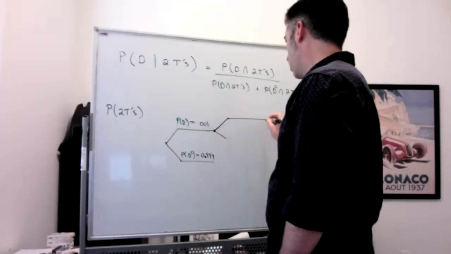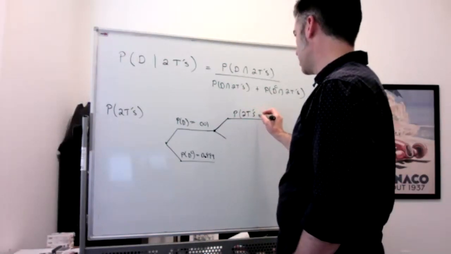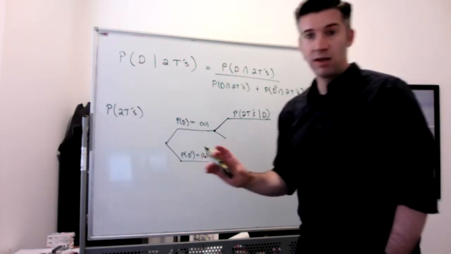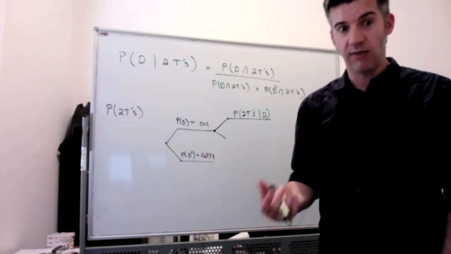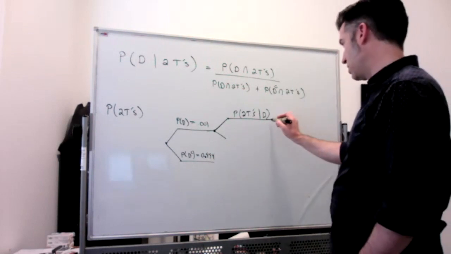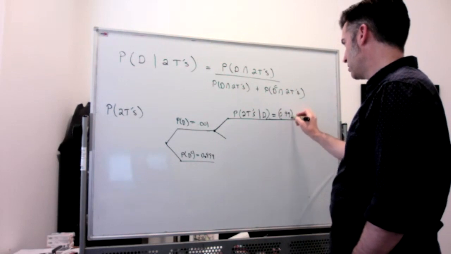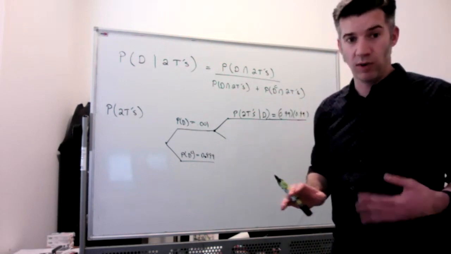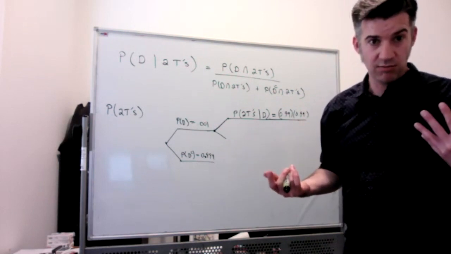So what's the probability of having 2 positive tests given that you have the disease? Well, each test has a 99% chance of being positive if you have the disease. So that's just going to be 0.99 times 0.99. Because there is no dependence. Each test administered is independent.